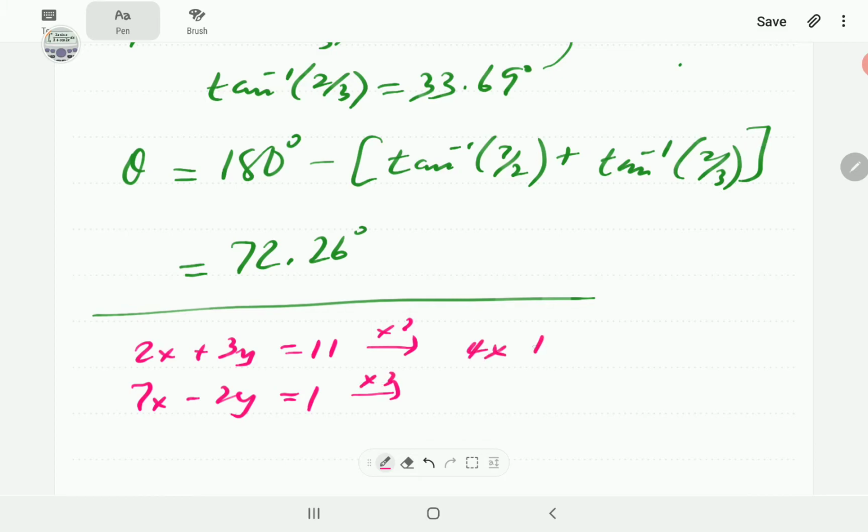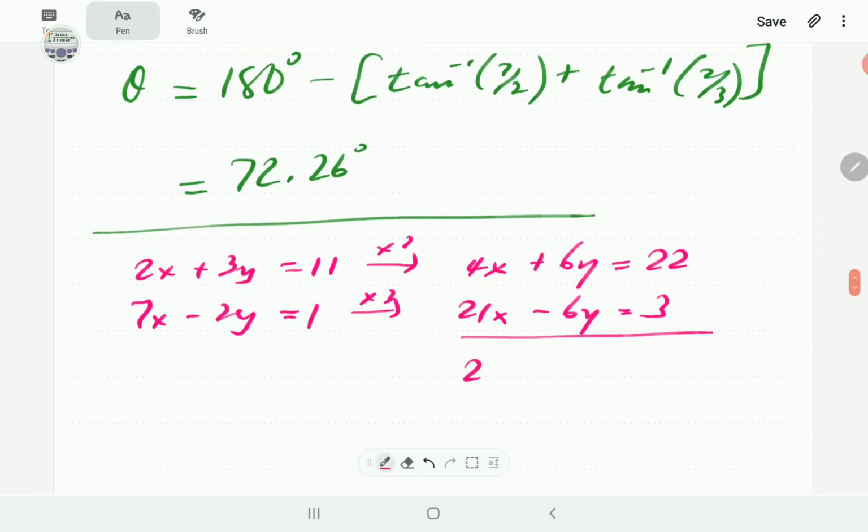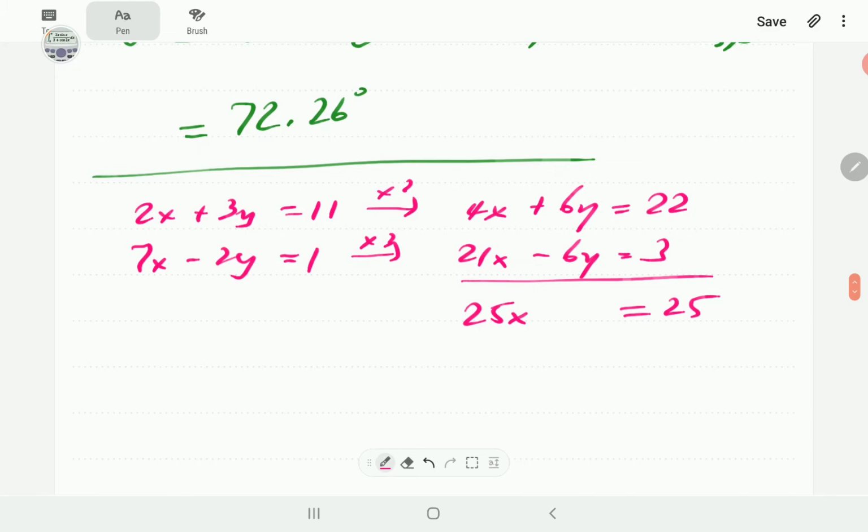So we have 4x plus 6y equal to 22, and 21x minus 6y is equal to 3. When we add these, we have 25x, the y terms cancel out, and we have 25 that side. So x is going to be equal to 1.